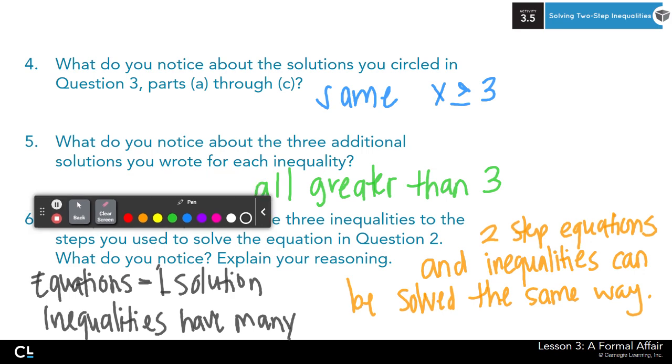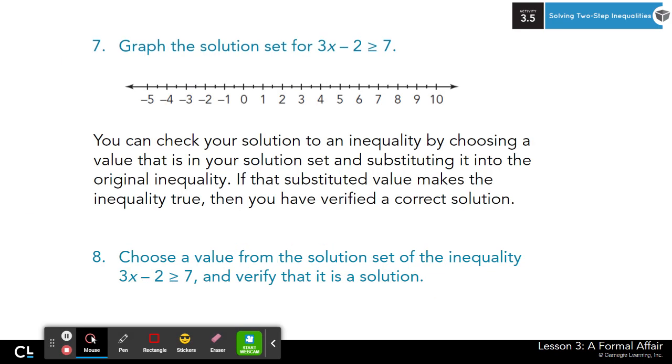Alrighty, moving on. Question 7 says graph the solution set for 3x minus 2 is greater than or equal to 7. Now we know the solution is x is greater than or equal to 3 from the previous problem. But this is how you will graph it on a number line. I'm going to start at 3.